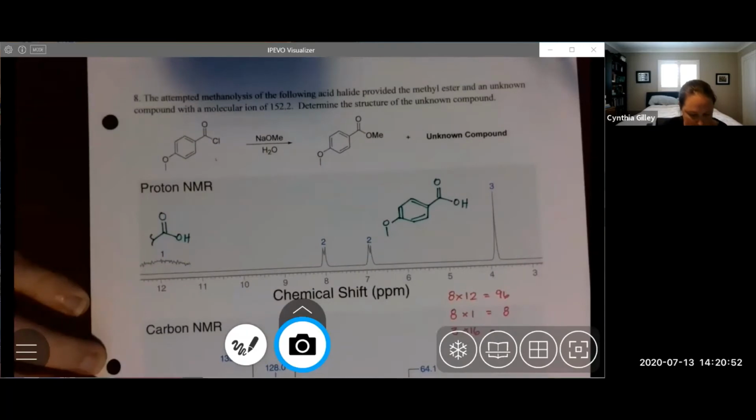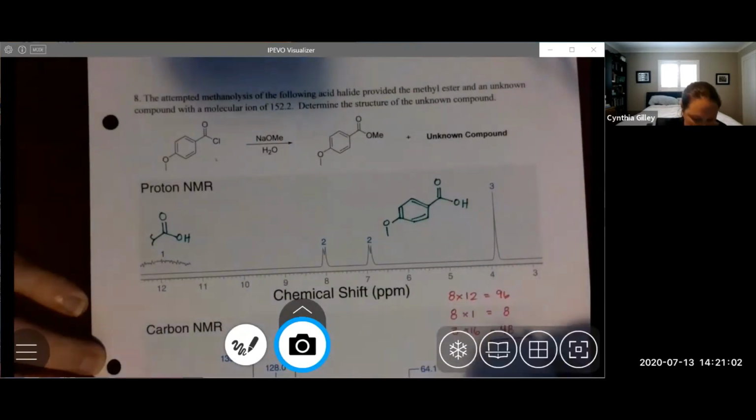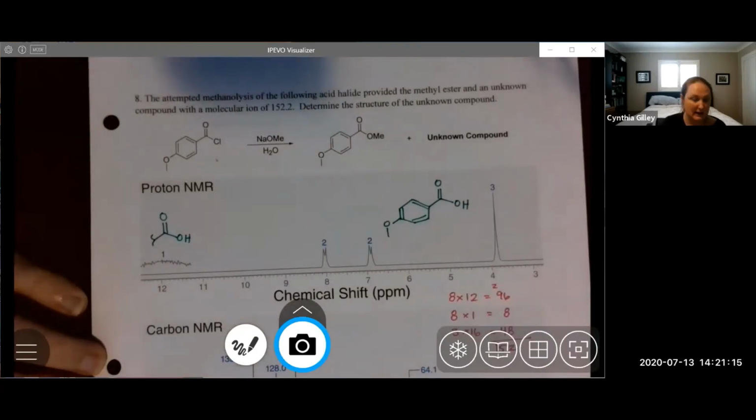And that is, we can do math today, 48. And let's see, so 16, 22, 11, 152. So that matches the molecular ion given.